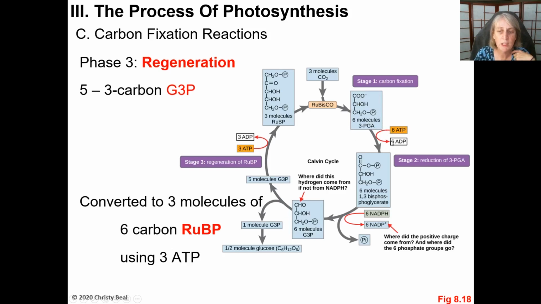PGA is phosphorylated into biphosphoglycerate. Biphosphoglycerate is reduced by NADPH, electrons that we made excited during the light reaction. The hydrogens that we split off of water are built into G3P. 1 G3P becomes sugar. 5 of the G3Ps are phosphorylated. Their shape changes a little bit. They end up as 3 molecules of RuBP, and we do it again.